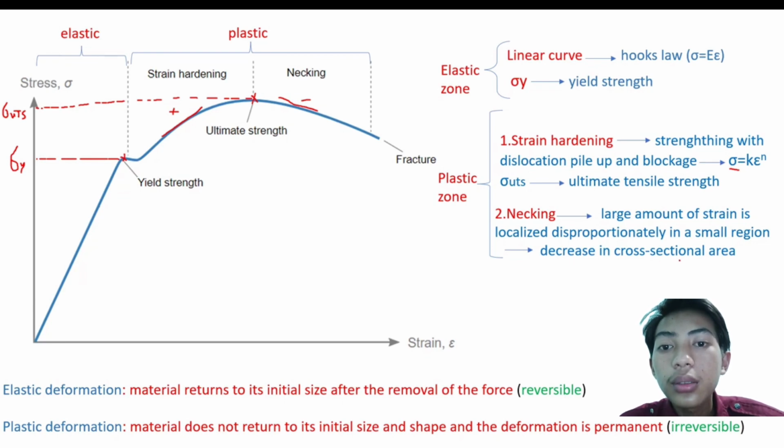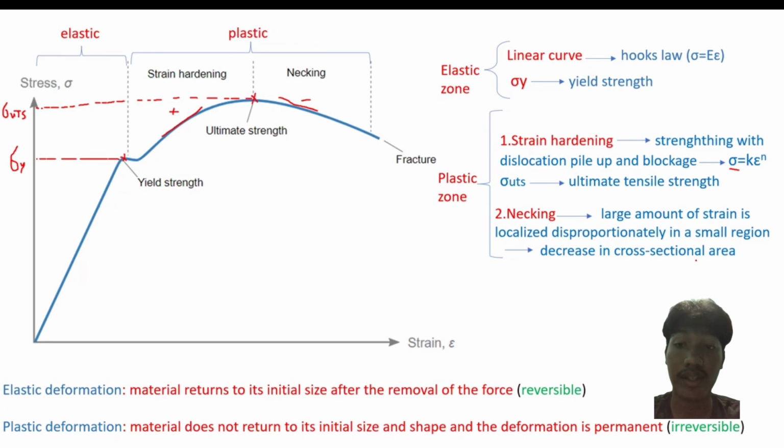The strain is localized disproportionately in a small region, that is, in a small part of the cross-sectional area of the material, which decreases the cross-sectional area.